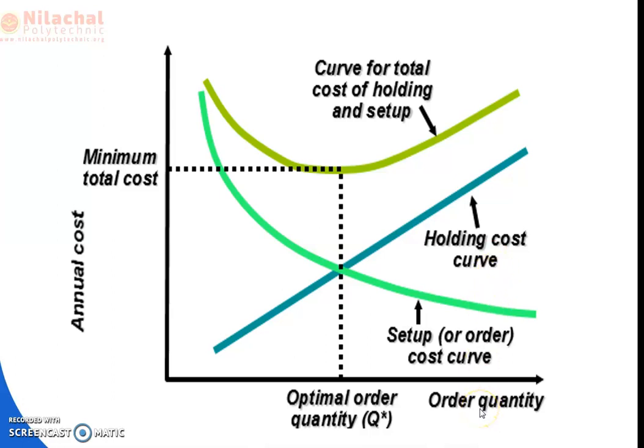According to the number of orders, the amount of money to be spent also increases. So the line is passing through the origin, where the quantity is directly proportional to the investment cost or holding cost. Hence, it is a straight line.